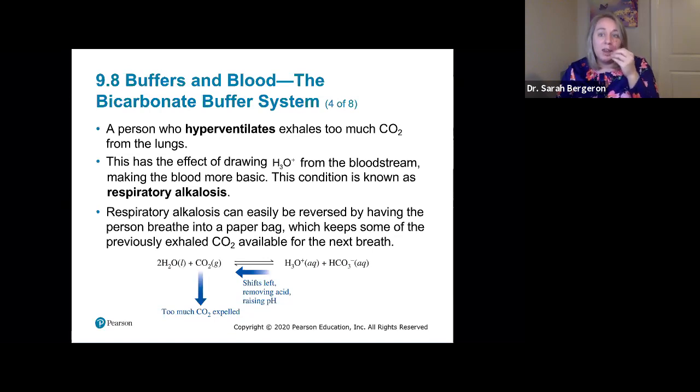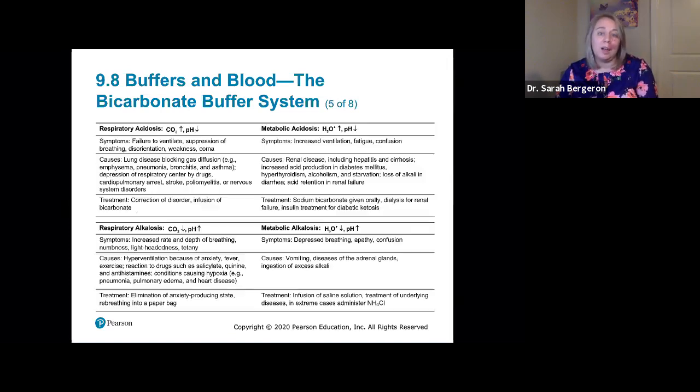When they inhale, they're going to inhale oxygen, but also the CO2 that they already exhaled. So they're going to keep some of that CO2 that they exhaled and pull it back in, right? The problem is that you're expelling too much carbon dioxide. Well, if you put the bag over the mouth, then you're going to basically reuse the carbon dioxide that you exhaled to bring that carbon dioxide concentration back to where it should be.